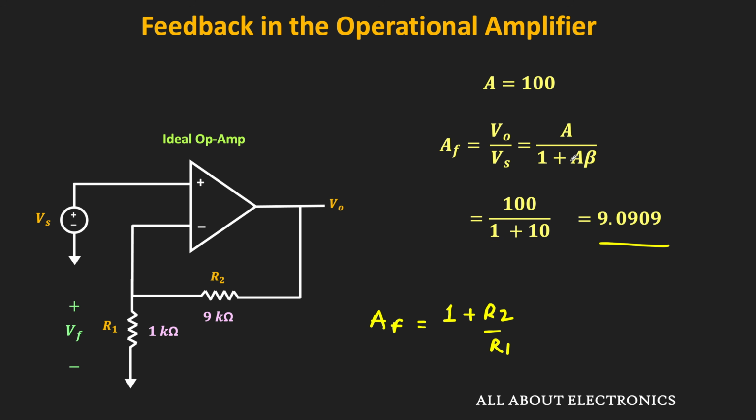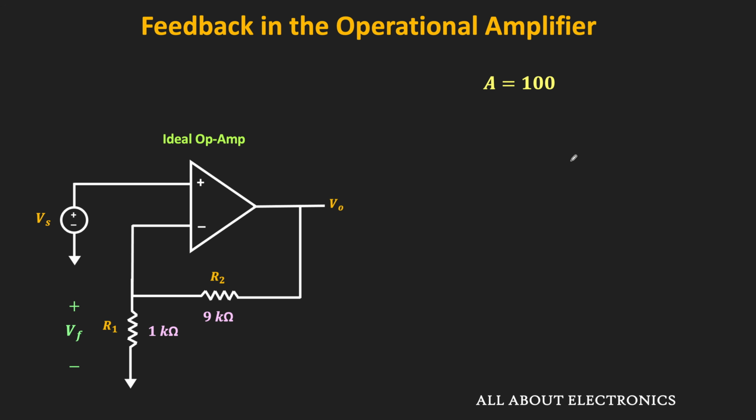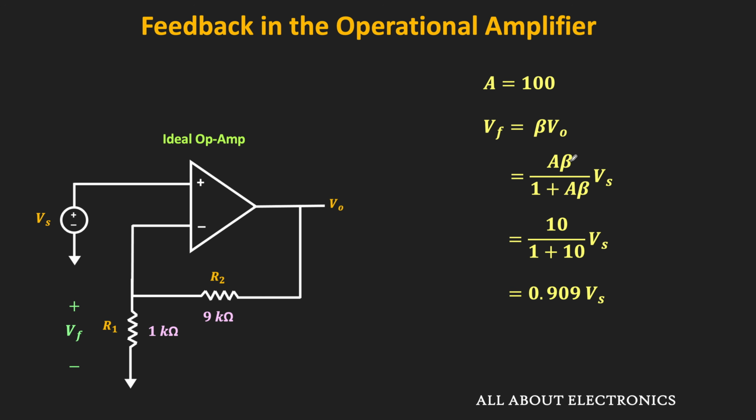Moreover, in op-amp circuits, whenever this Aβ is much greater than 1, then and only then is the concept of the virtual ground or the virtual short applicable. For example, if this A is equal to 100 and the β is equal to 0.1, then once again this Aβ is equal to 10. And in that case, the feedback voltage is equal to 0.9 times Vs. For example, if the source voltage Vs is equal to 2 volt, then the Vf will be equal to 1.8 volt.